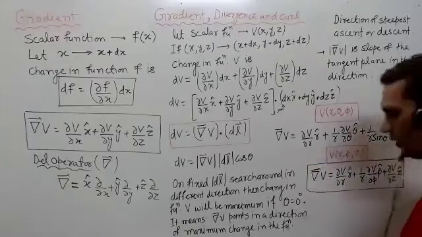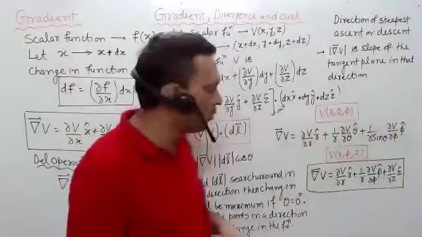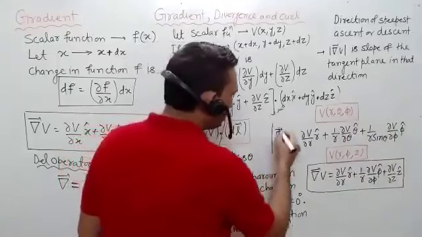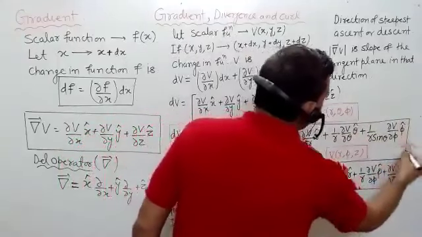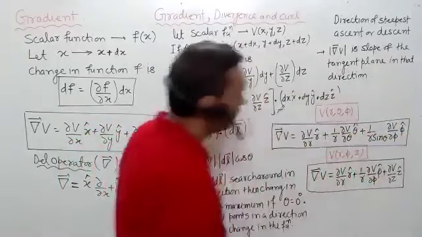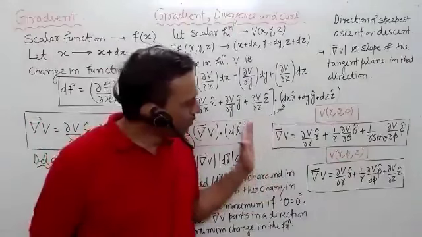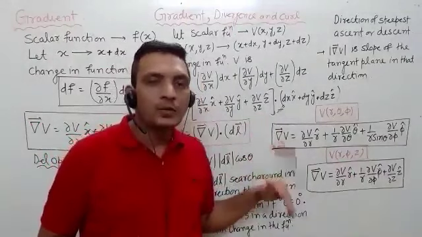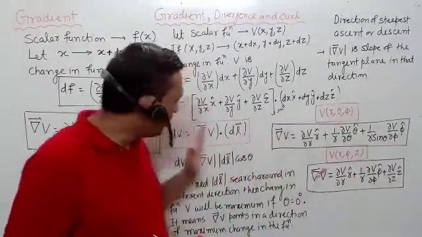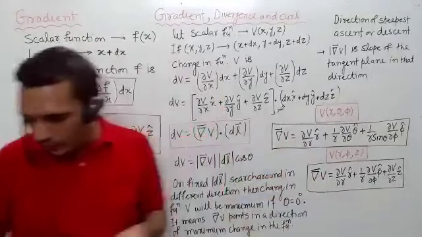So this is in cylindrical coordinate and this is in spherical polar coordinate. So you have to see how to calculate gradient in Cartesian coordinate, in spherical polar coordinate, and in cylindrical coordinate.